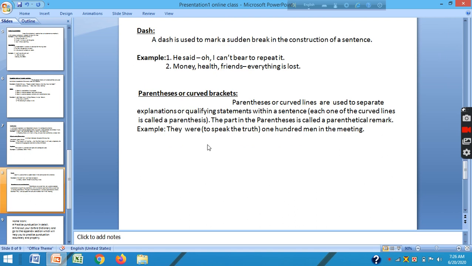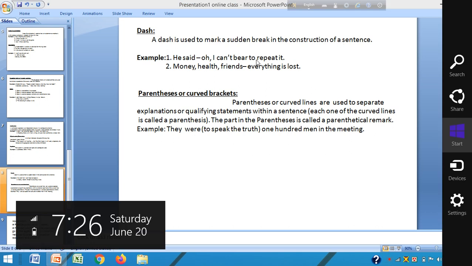Dash. A dash is used to mark a certain break in the construction of a sentence. For example, he said, "Oh, I can't bear to repeat it." Example number 2: Money, health, friends, everything is lost.